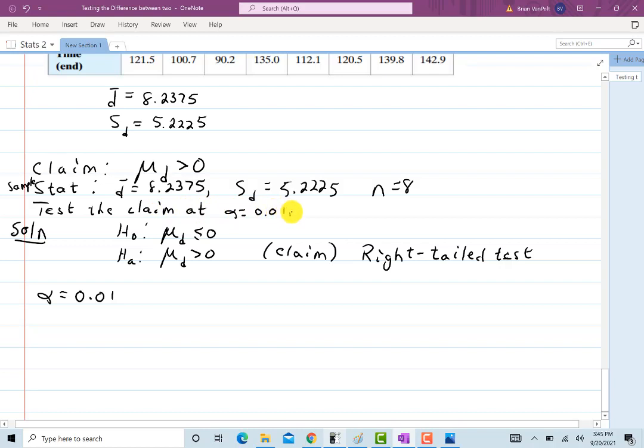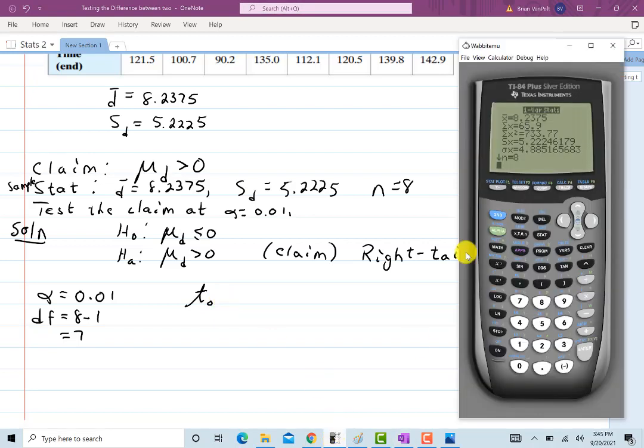So now, since it's a right-tailed test, there is 0.99 amount of area that is up to that particular point. Degrees of freedom equals 8 minus 1, which equals 7. So since I want a T0 value, let's go to the calculator.